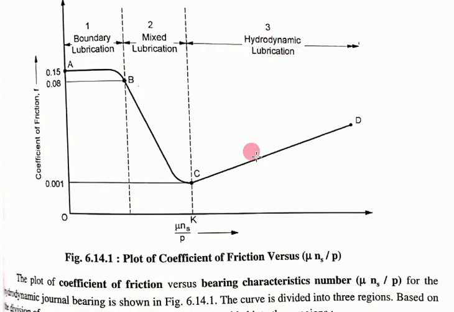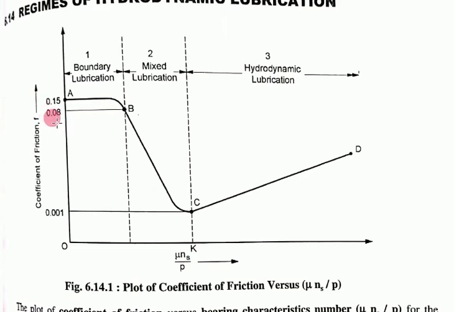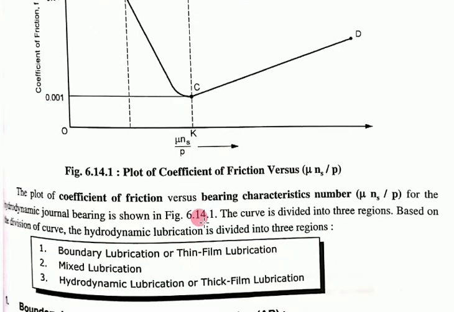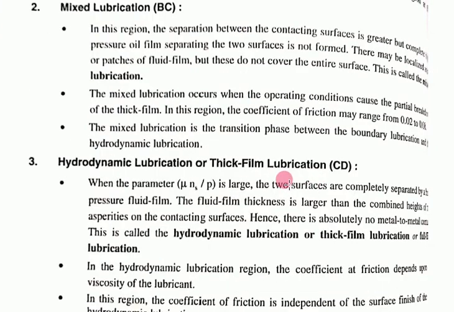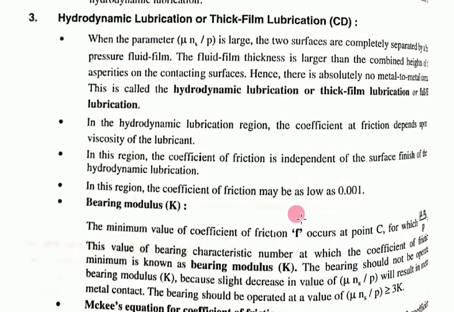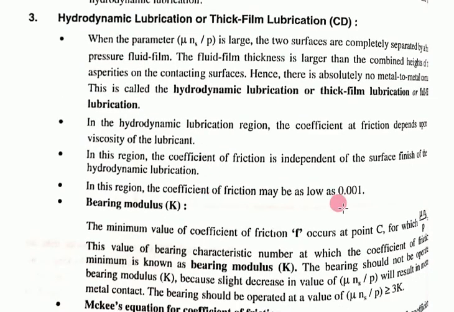If we start from here, as mu Ns by p, the bearing characteristic number, increases, you can see the coefficient of friction changes. In mixed lubrication it is 0.08 to 0.001, initially 0.008 to 0.15, then 0.02 to 0.008, and third, in hydrodynamic lubrication it is around 0.001.